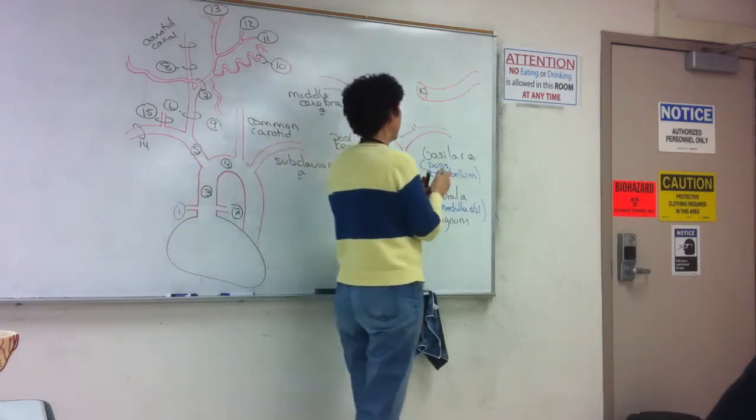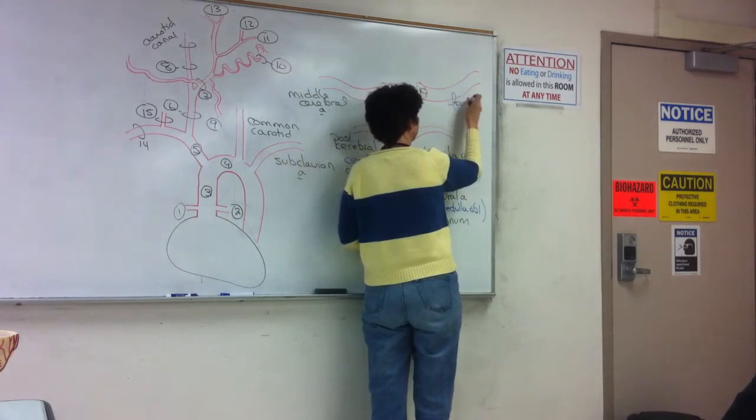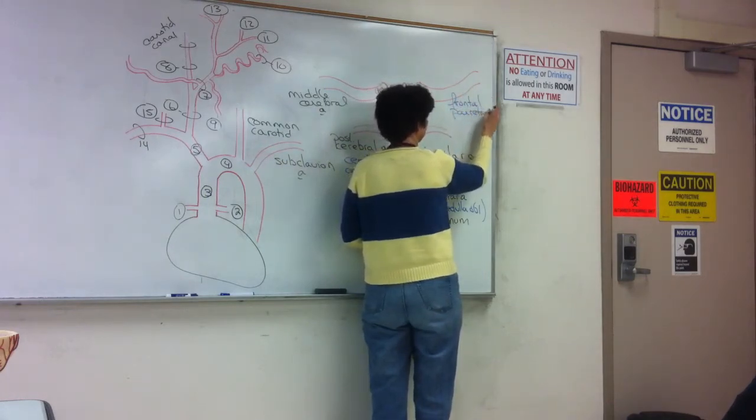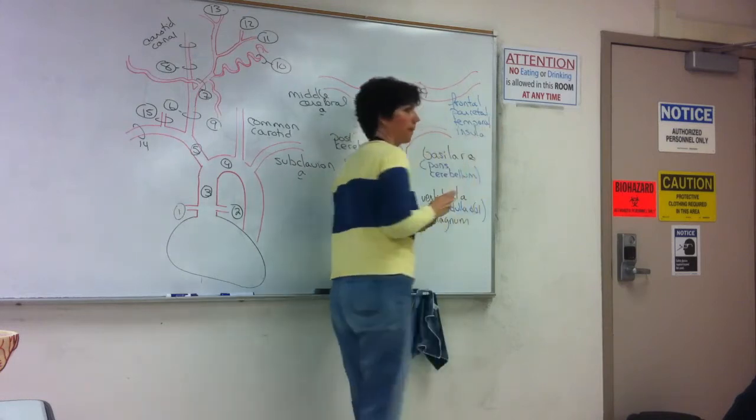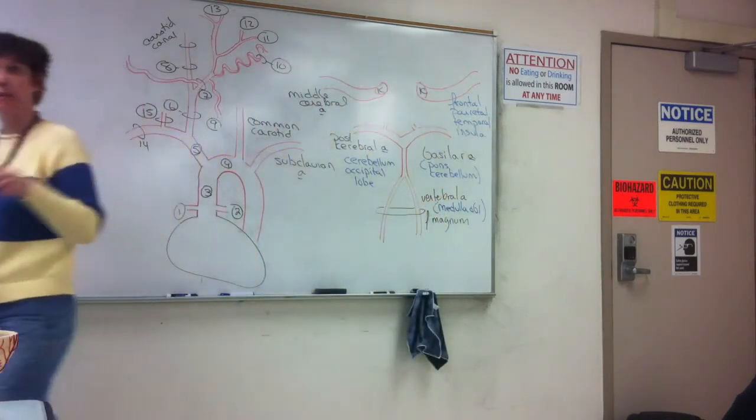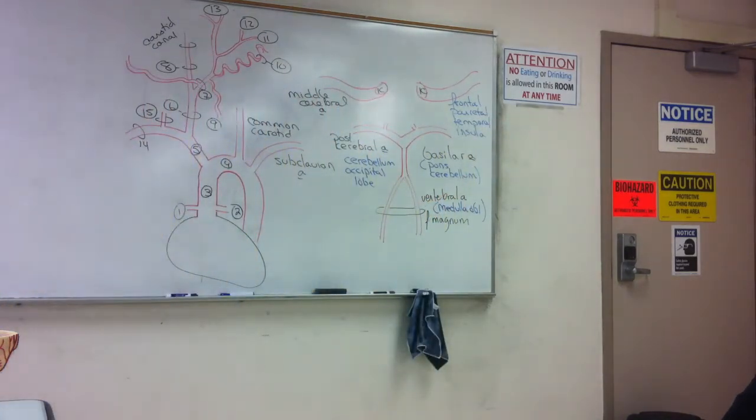So it's going to be supplying the frontal lobe, parietal lobe, temporal lobe, insula. This is the one that's most commonly affected by blood clots resulting in strokes.